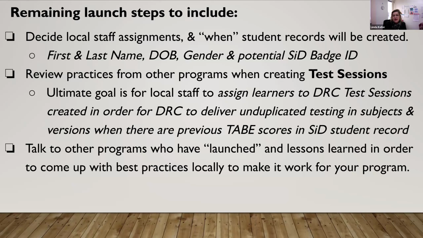But the information that needs to be added on a student record in DRC for TABE Online is much less than what is going into SID. The only things needed are the first and last name, a date of birth, a gender, and then potentially a SID badge ID to just create a test taker's account. So, be thinking about if you wanted to do same day testing for folks as they're enrolling, this would be an easy thing to do.